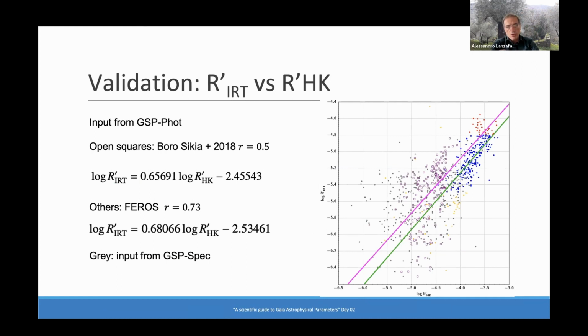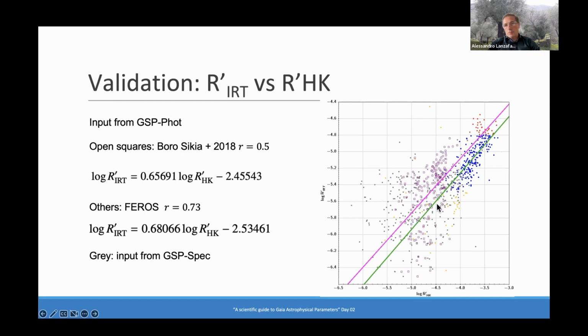One is the Boro Saikia paper in 2018, which is a collection of R'HK plus some measurements done with the ARPS instrument. When we consider the R'IRT computed using the GSP-Spec output as input, we have a quite nice Pearson coefficient around 0.5 and a good linear relationship.